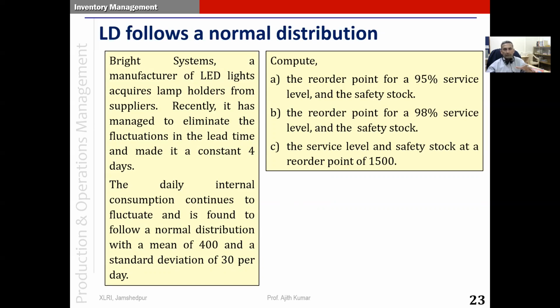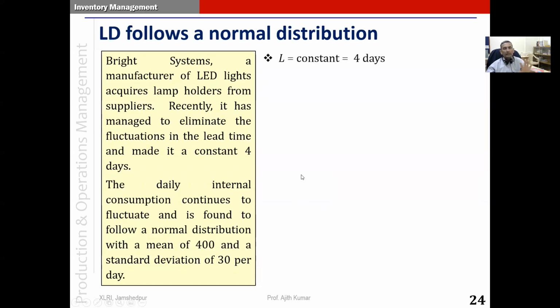So given the information, let's first write down that the lead time is a constant and it's given as 4 days. Second, the demand is not a constant, but it follows a normal distribution. Its mean is 400 units per day and the standard deviation is 30 units per day.